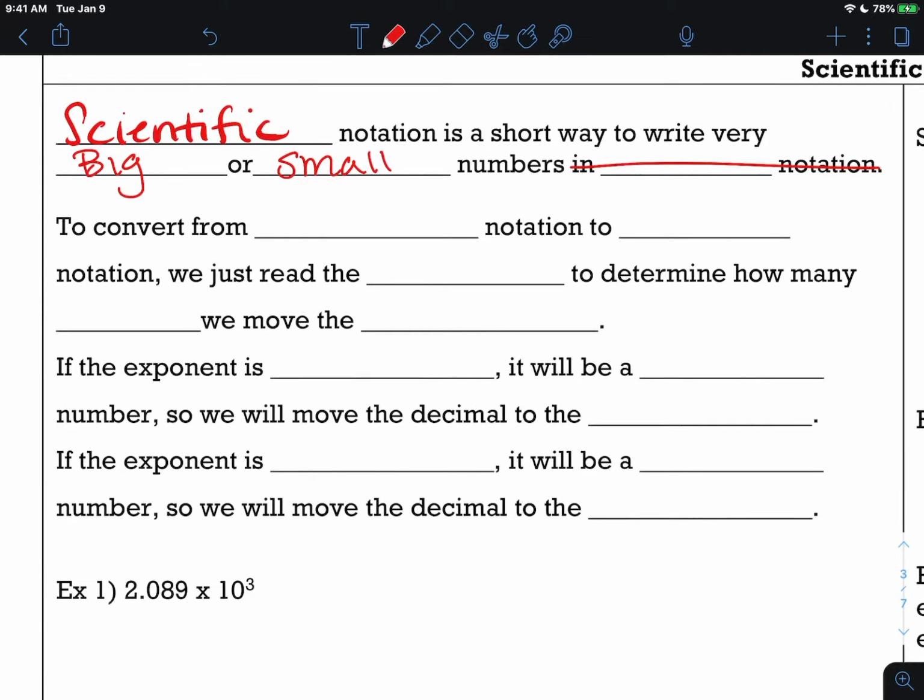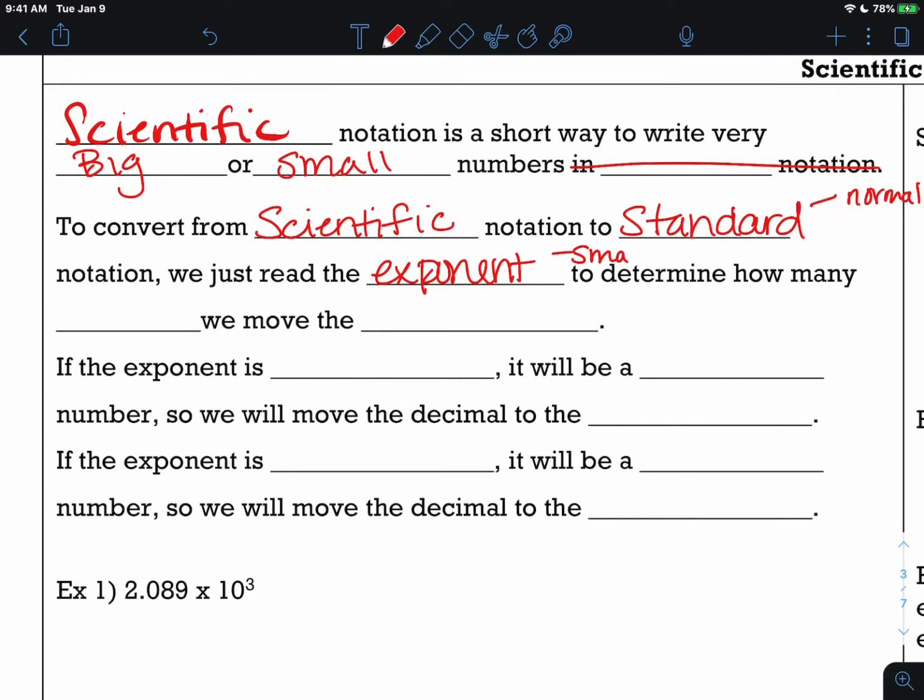To convert from scientific notation to standard notation, and that's the way we normally write numbers, we just read the exponent, the small number at the top, to determine how many spaces we move the decimal.